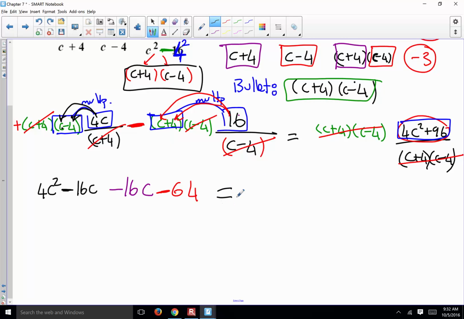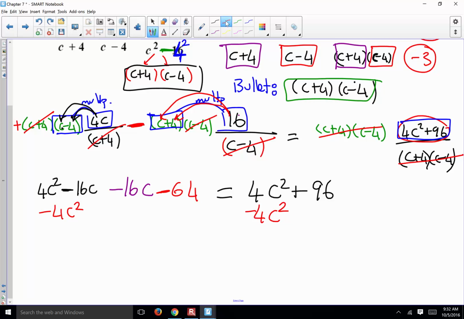Alright. And finally we have 4c squared plus 96 on this side. No multiplication required. We're going to make every variable appear on the left side. I have a variable for c squared. I don't like it on the right side. Move it to the left by subtracting it from both sides. I want every whole number on the right.